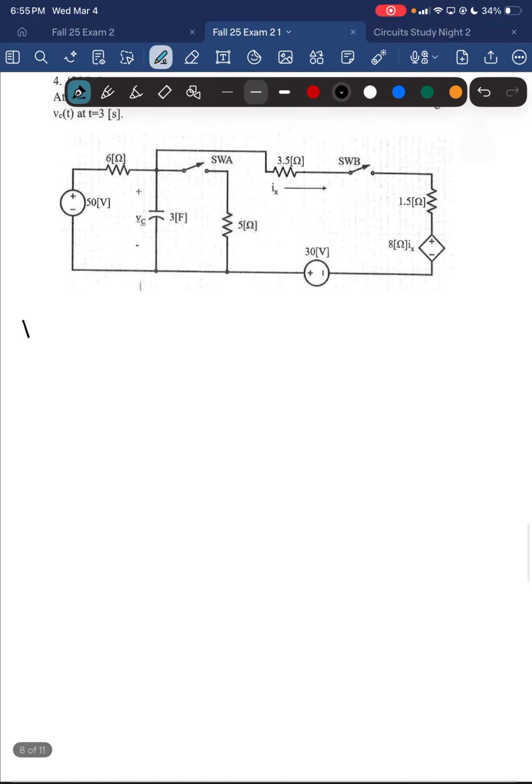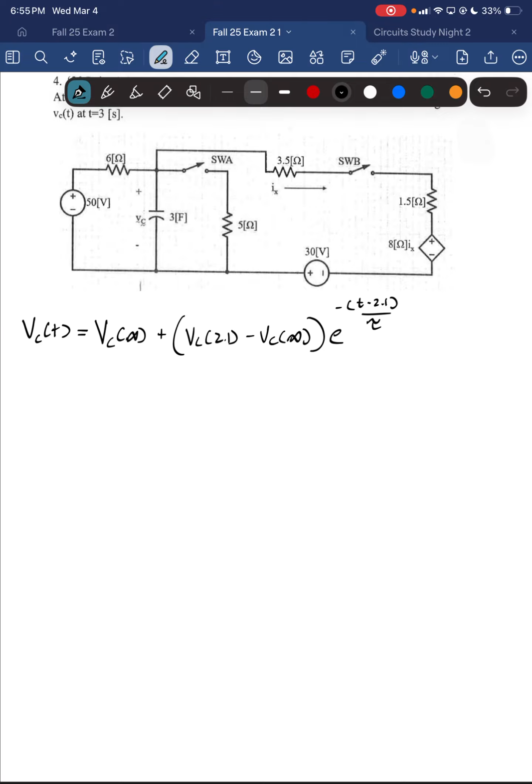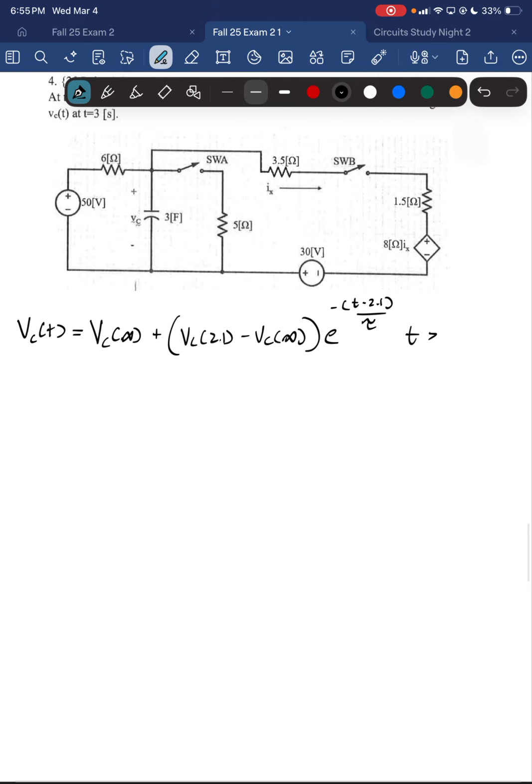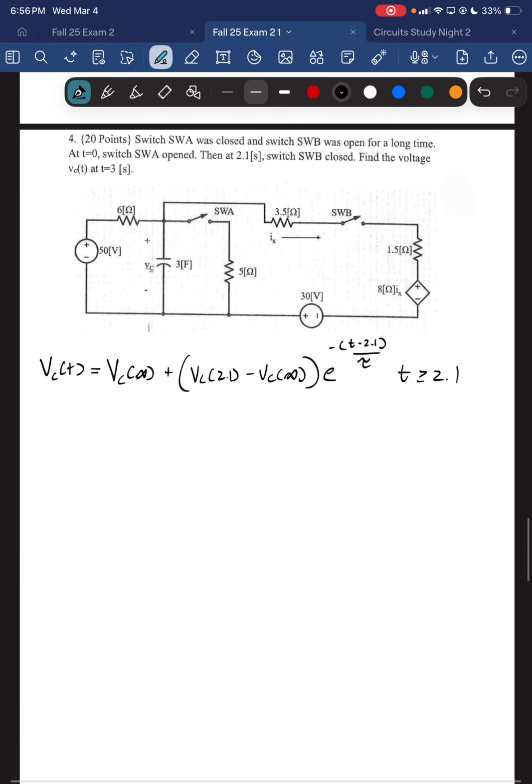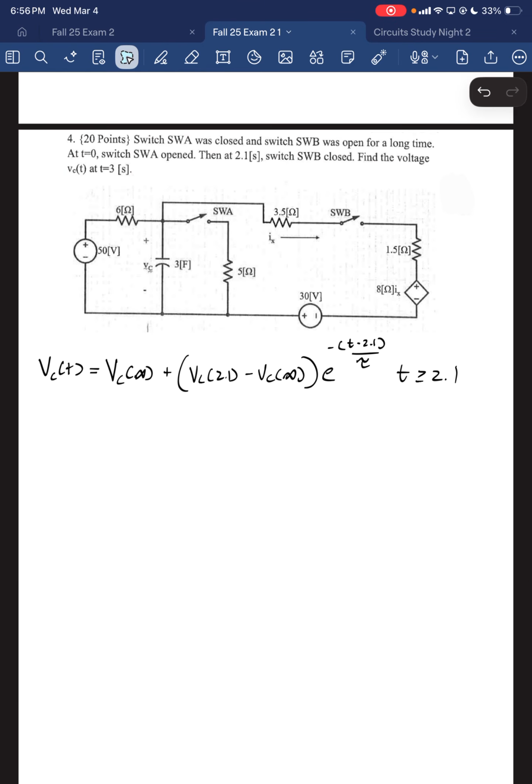So this is going to be our equation: VC(2.1) minus VC(infinity) times e to the negative (t minus 2.1) over tau, for t greater than 2.1, right? Using this equation, we can plug in 3 seconds and solve for VC at t equals 3, and we get the answer that the question is looking for.